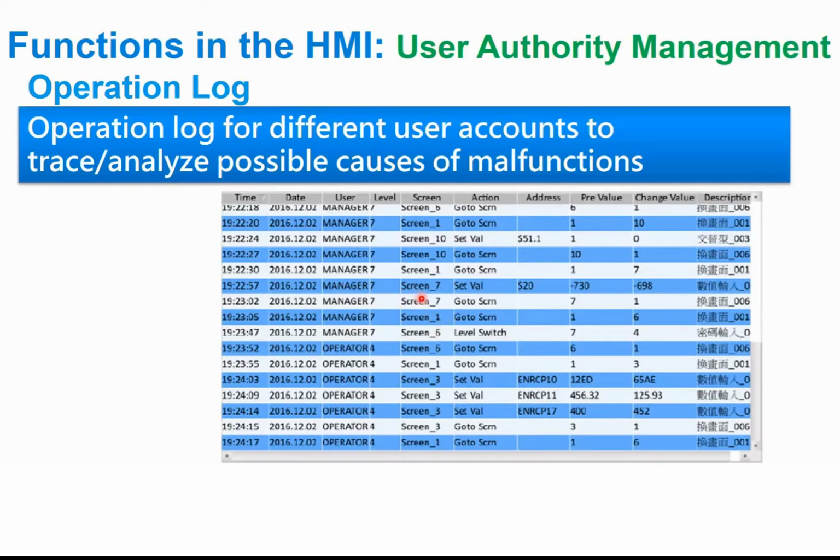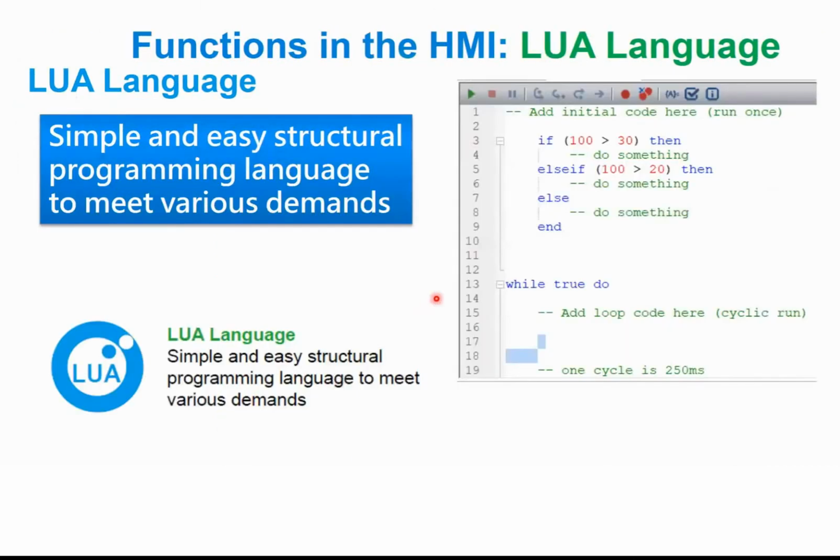You can use them. Another function we also have is lower language programming. This is a new feature in our HMI. Besides the way we had for programming the HMI before, we now give a more flexible way in addition to what we had before, another way you can program your HMI.